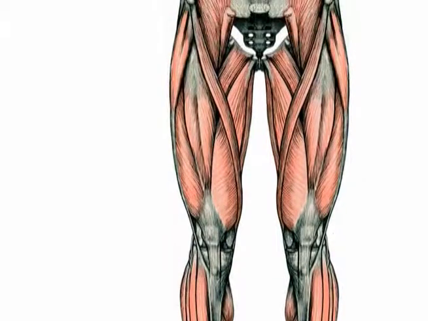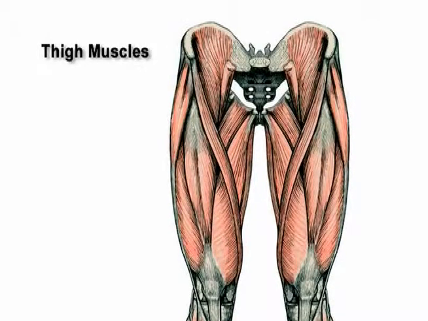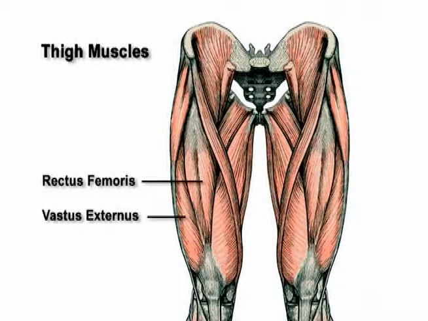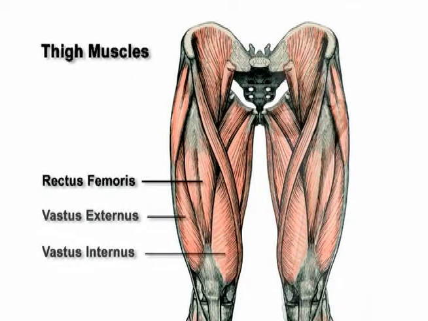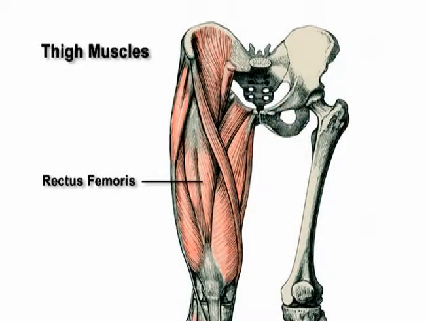The main muscles in the front of the thigh are the rectus femoris, the vastus externus, and the vastus internus. The rectus femoris originates at the lower anterior portion of the iliac crest and ends just above the knee.